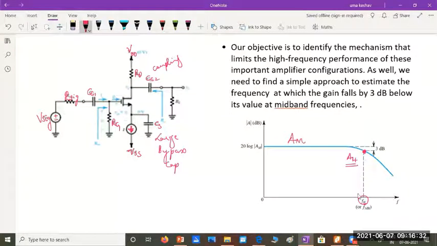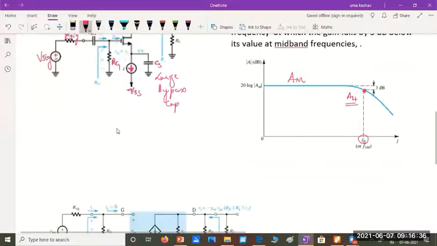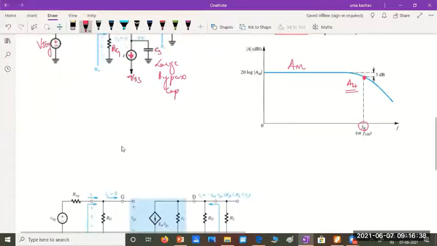So we have to find all these things in this analysis. Is that clear? So first, let me find the gain at mid frequencies.